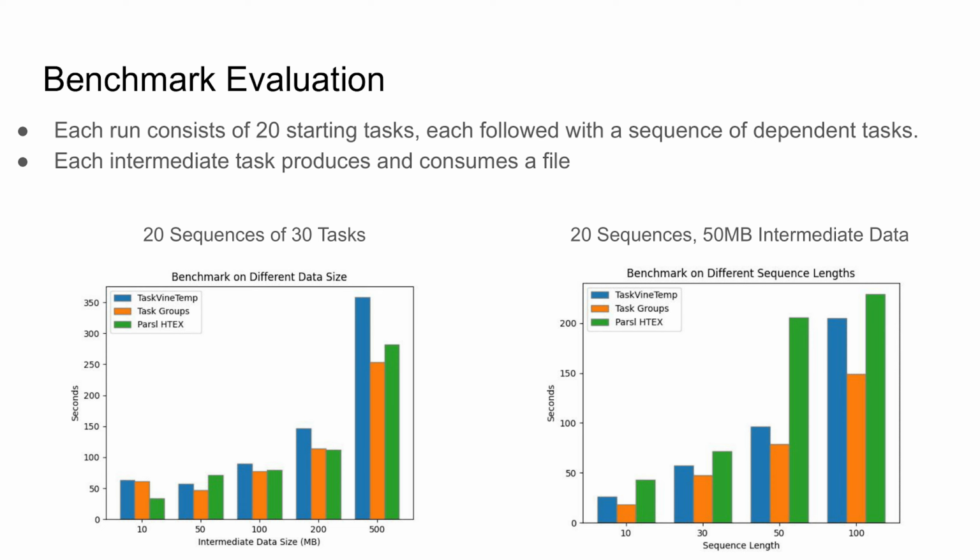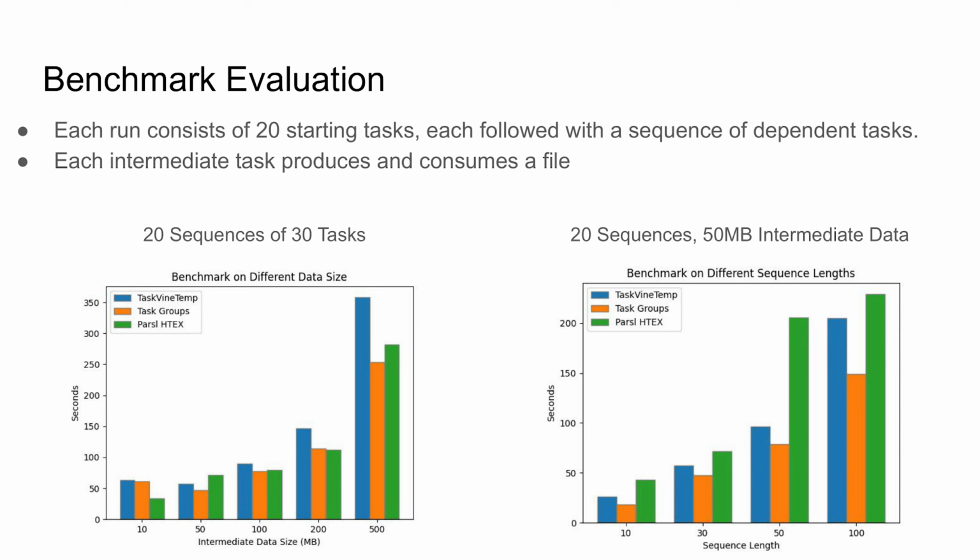And both of these graphs show runs of this benchmark application with different configurations. On the left hand, we have 20 sequences of 30 tasks each. So 20 times 30 total tasks.